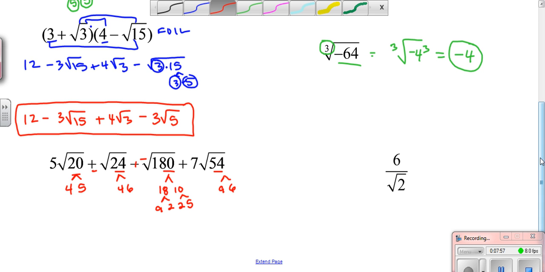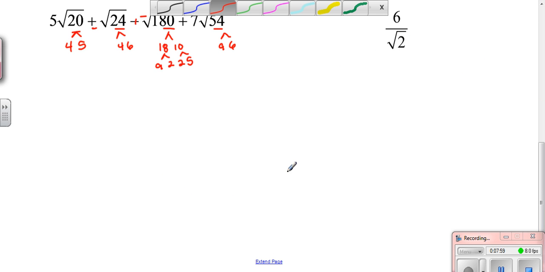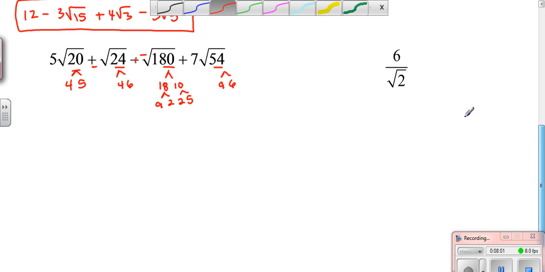Now you notice I didn't factor these all the way down this time because I know when I hit a perfect square like 4, I can stop my factoring because I know I can take the square root of that.